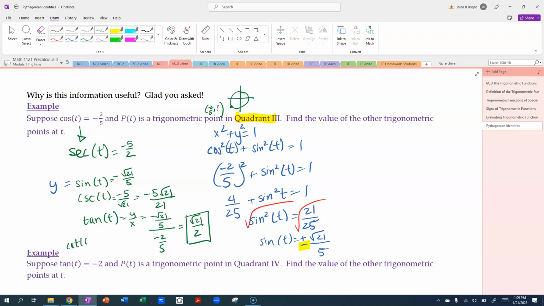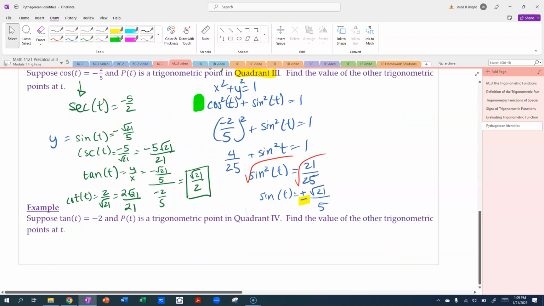So cotangent of t would be 2 over square root 21, better known as 2 square root 21/21, if I rationalize. Okay. So again, if I'm given one trig function, I can at least find a second by reciprocals, but then to go forward, I needed to use the Pythagorean identity to relate cosine to sine and then find something that I was missing.